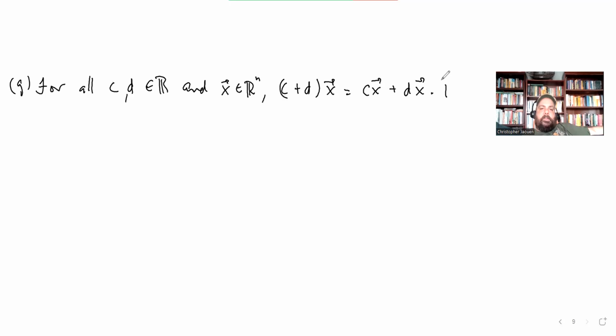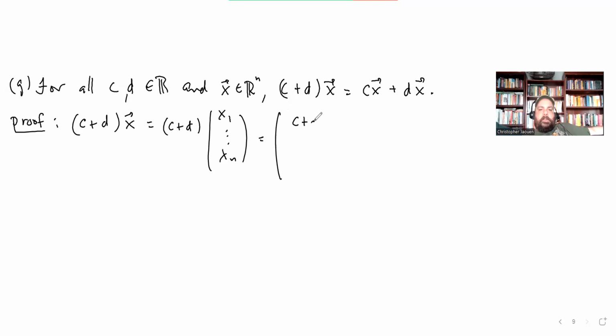So kind of a distributive law. Proof. Let's start with c plus d x. This is c plus d times x1 up to xn.